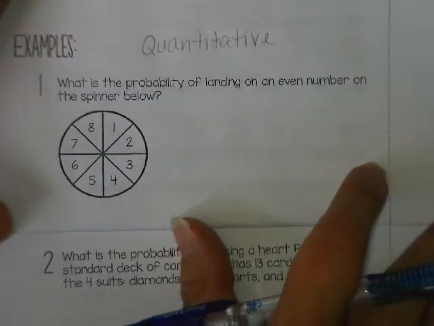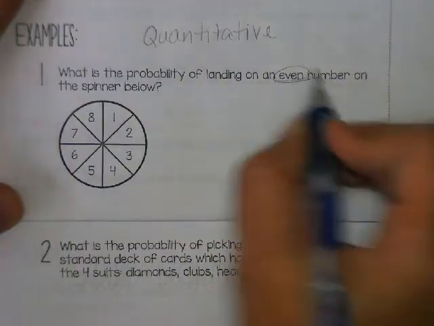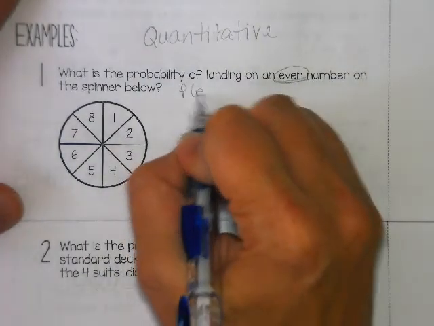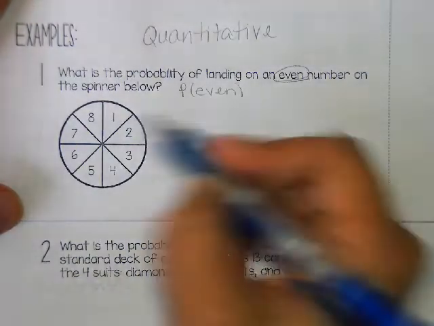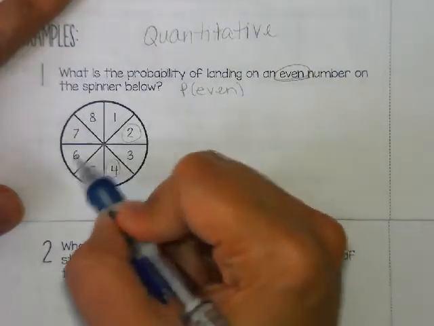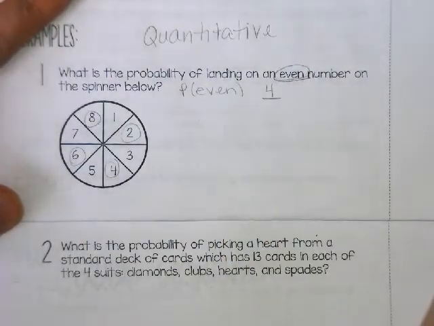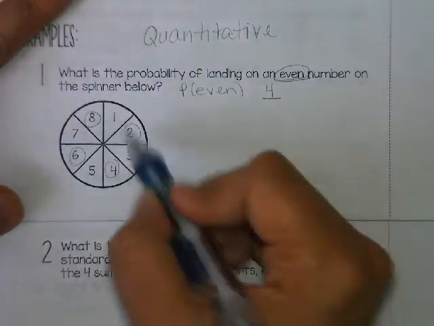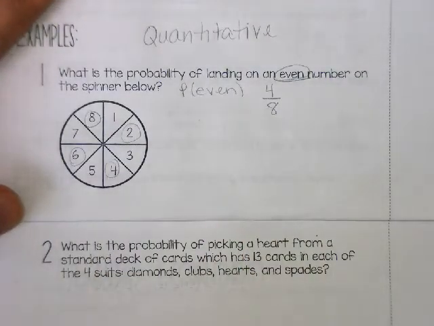All right, so here we have a spinner. What is the probability of landing on an even number? So we would write P parentheses even. That is the probability we are looking for, and we can count. I've got 1, 2, 3, 4 even numbers. That's my numerator. That's the event that I want. Out of the total possible, I have 8 possible outcomes.